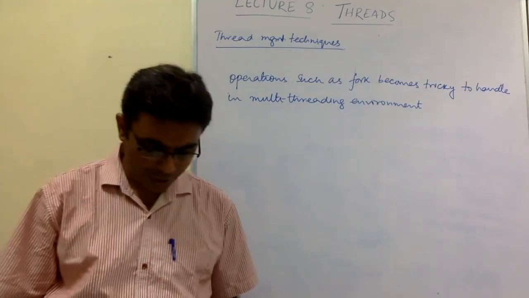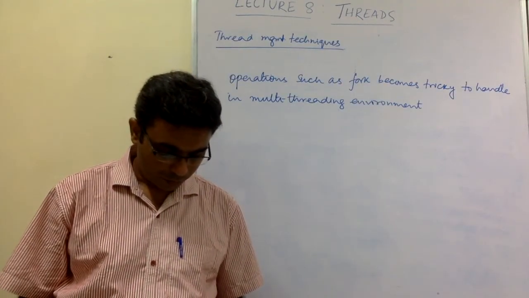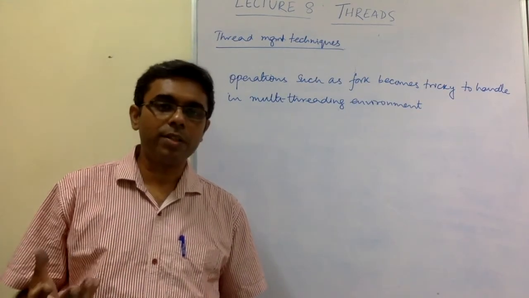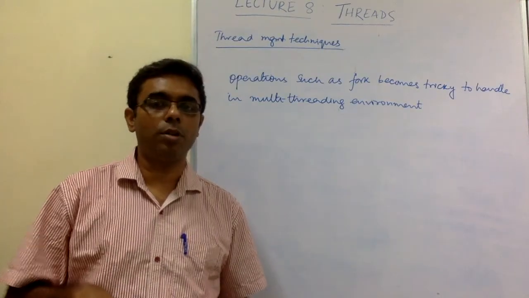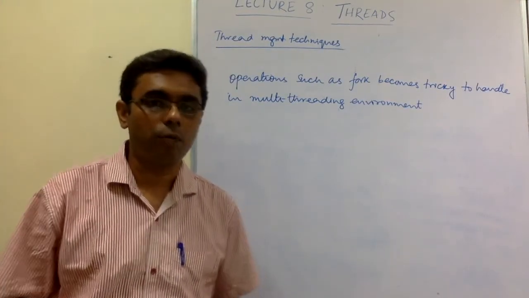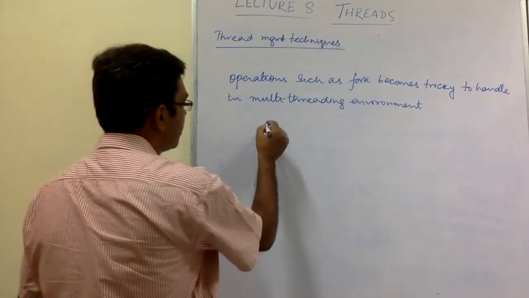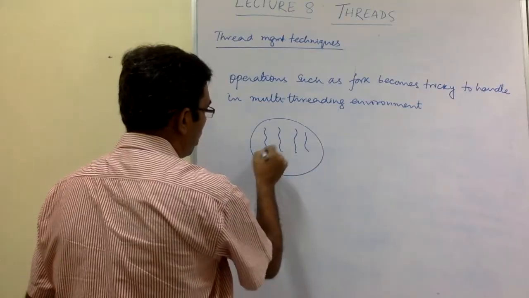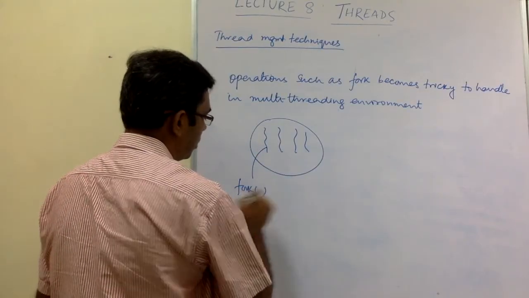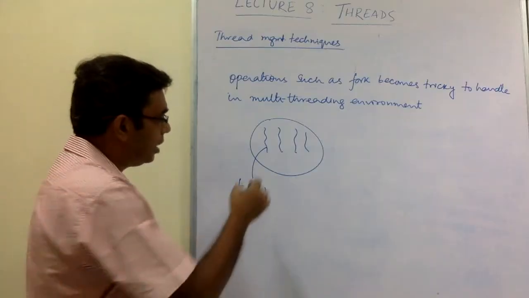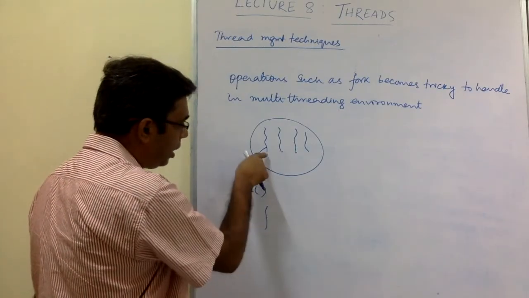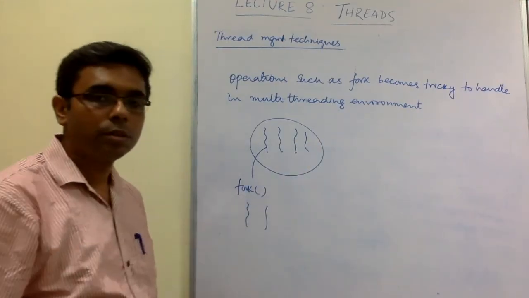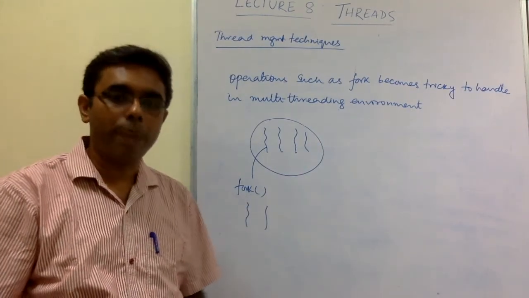The question that comes up is, when we fork a child, will all the threads be forked, or only the thread that has invoked the fork? So if there is a process with a certain number of threads, and one of them has invoked a fork, will this give rise to only the child arising out of this thread, or will all of them be forked? That's a question that needs to be answered.